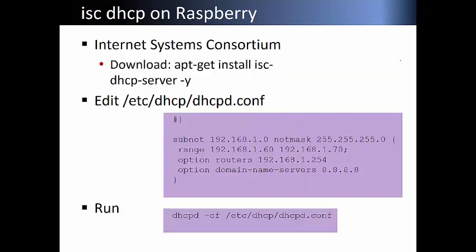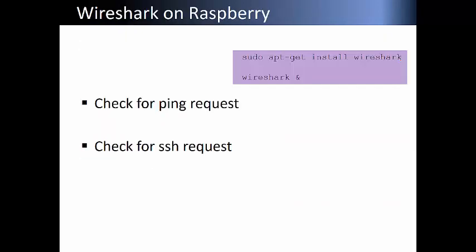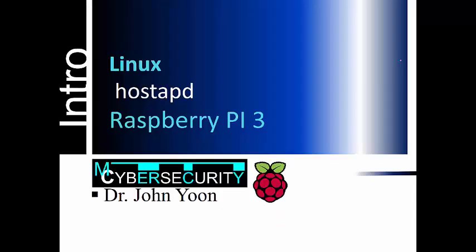This is DHCP configuration, but we're not going to do that. But here, hostapd. Okay, host. This is not an external independent access point, something like a router. A router is not a host. A router is not a computer, right? That is a separate device.